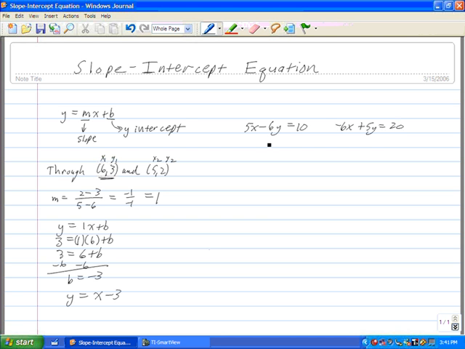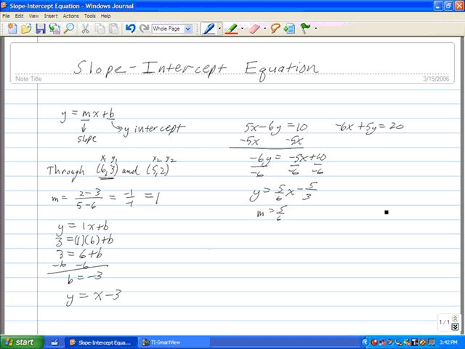In each one of these equations, I'm going to start out by solving for y. Here I'll divide off, and I've got y equals 5/6 x minus, I'm going to go ahead and reduce this fraction, 5/3. So for this particular equation, I can see my slope is 5/6.